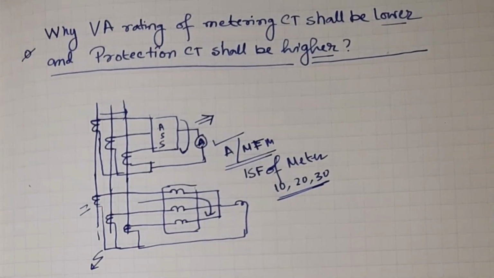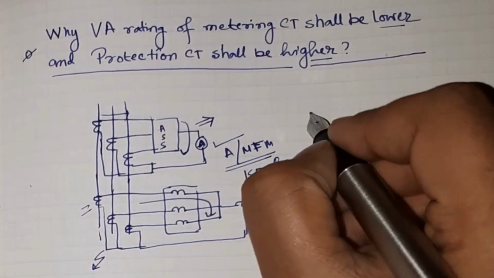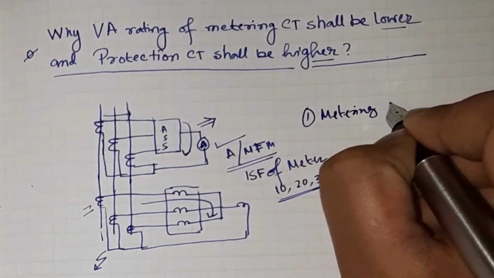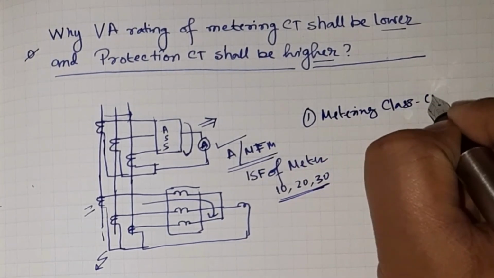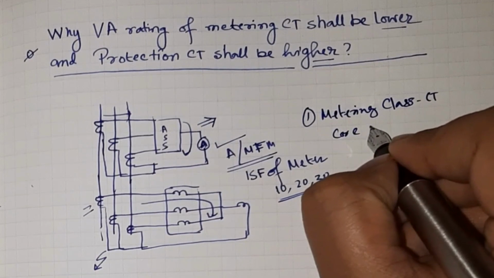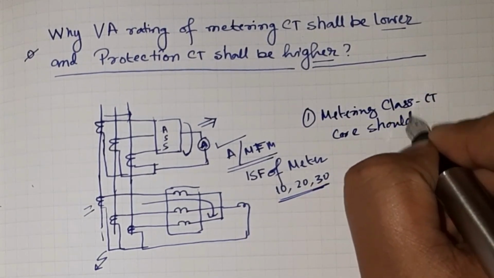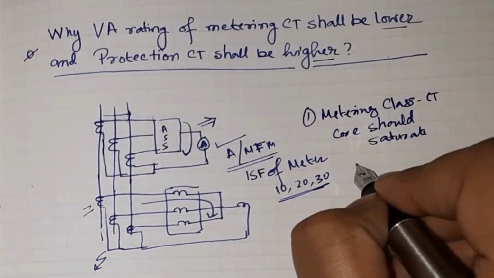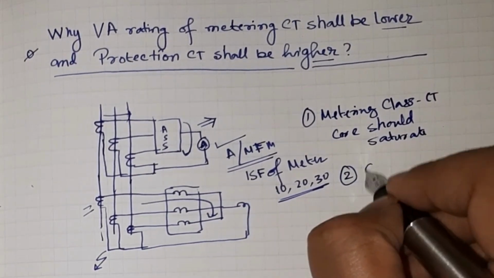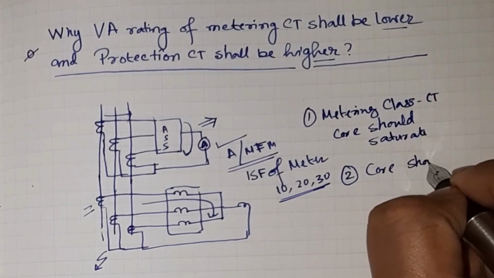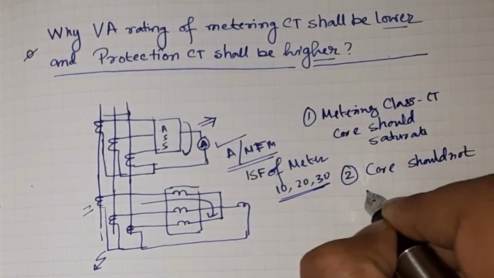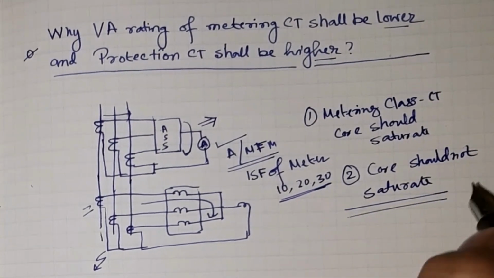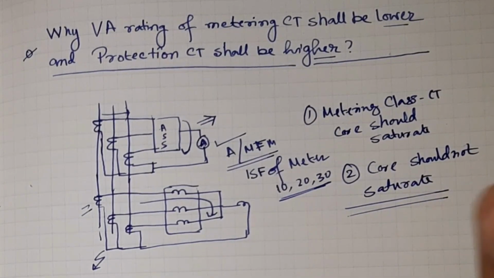So that is our primary principle. For metering class CT, the core should saturate. And for protection class CT, the core should not saturate. That is our objective for a proper design.